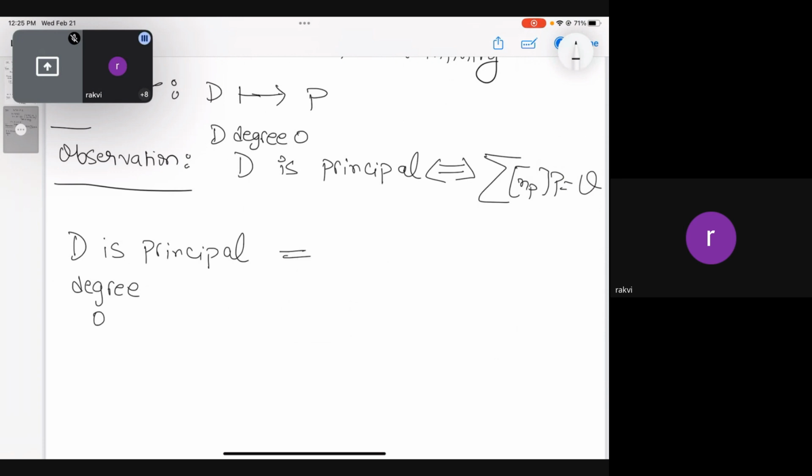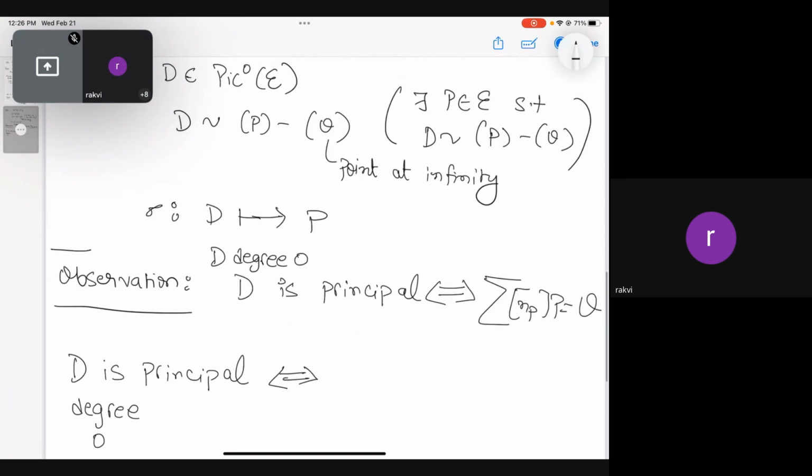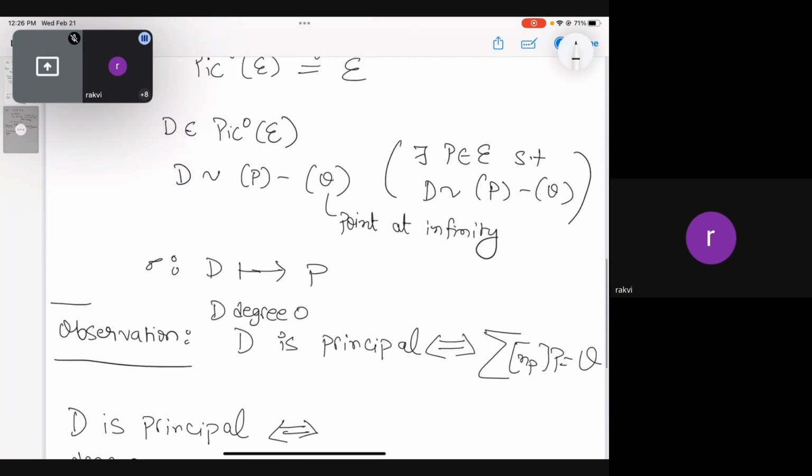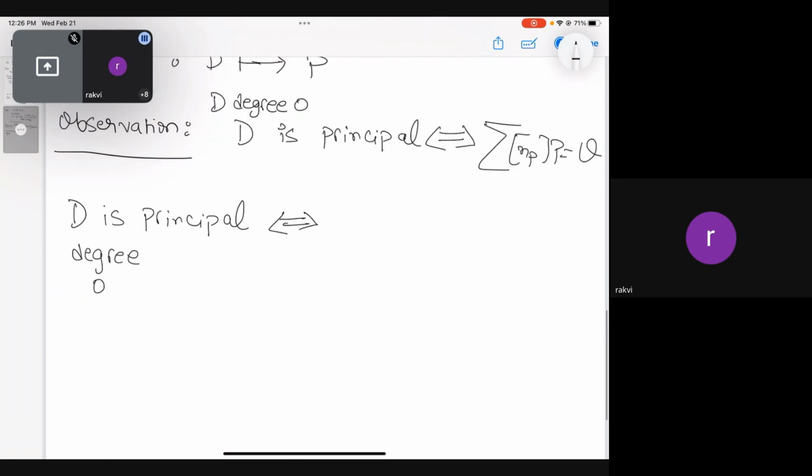So this is if and only if. So D is principal, right? Every principal divisor, basically those are the identities. So if and only if D is equivalent to 0. But if D is equivalent to 0, that means this map sigma, I'm sending it to the identity point.